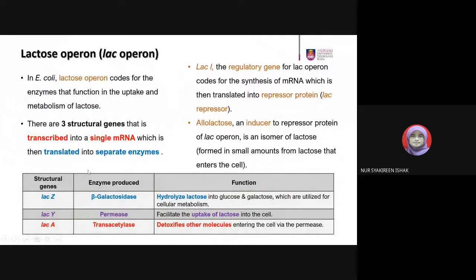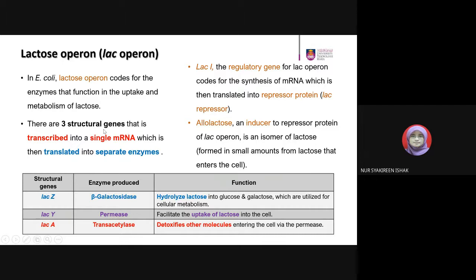Okay, so lac operon stands for lactose operon, written in italics, because we have many different operons. So in E. coli, which is a bacterium, the lac operon codes for the enzymes that function in the uptake and metabolism of lactose. The three structural genes are transcribed into a single mRNA.